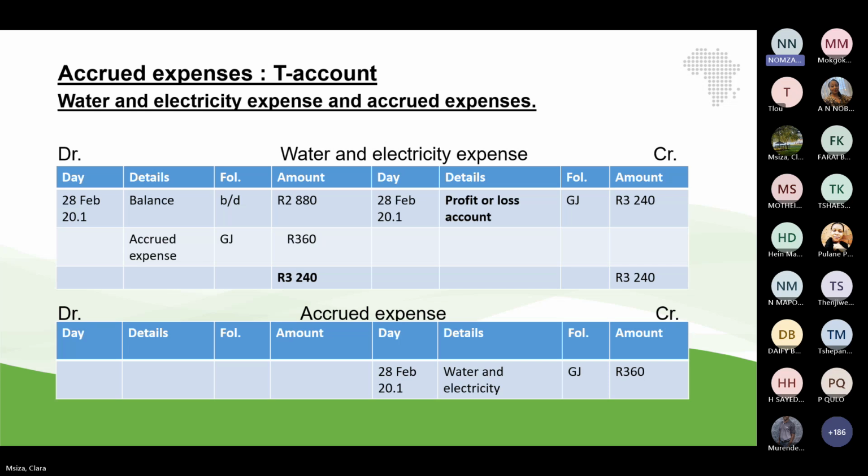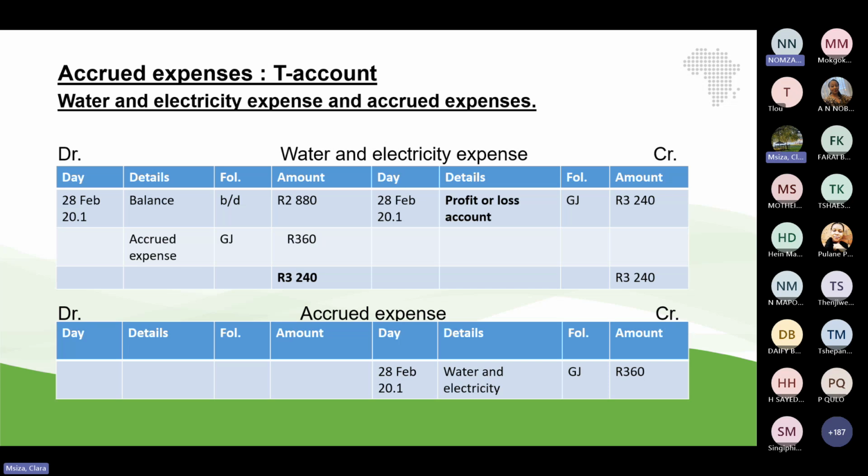Was this amount, 2,808, paid already? No, they received the bill, the account. So there's no bank in the scenario here. And then it's for the period from 1st March 20.0 to 28 February 20.1.